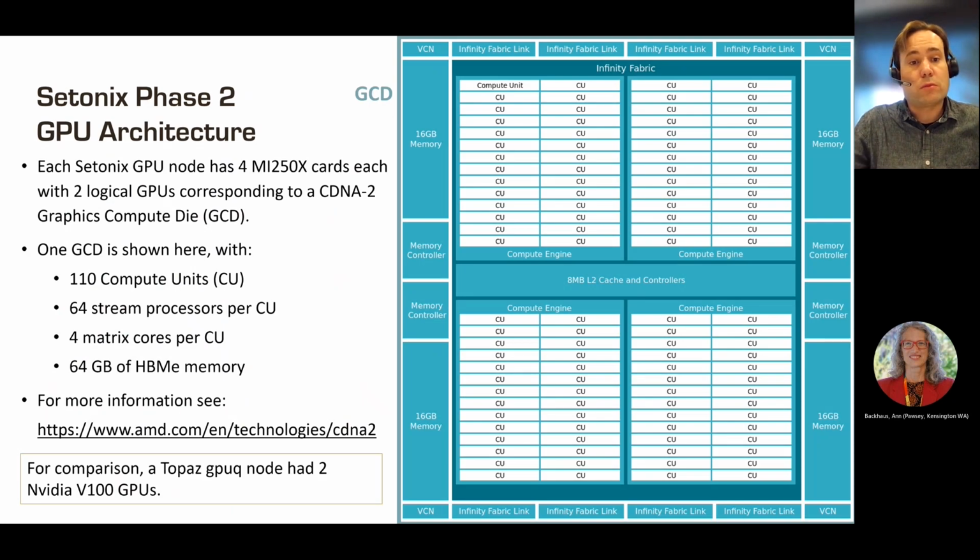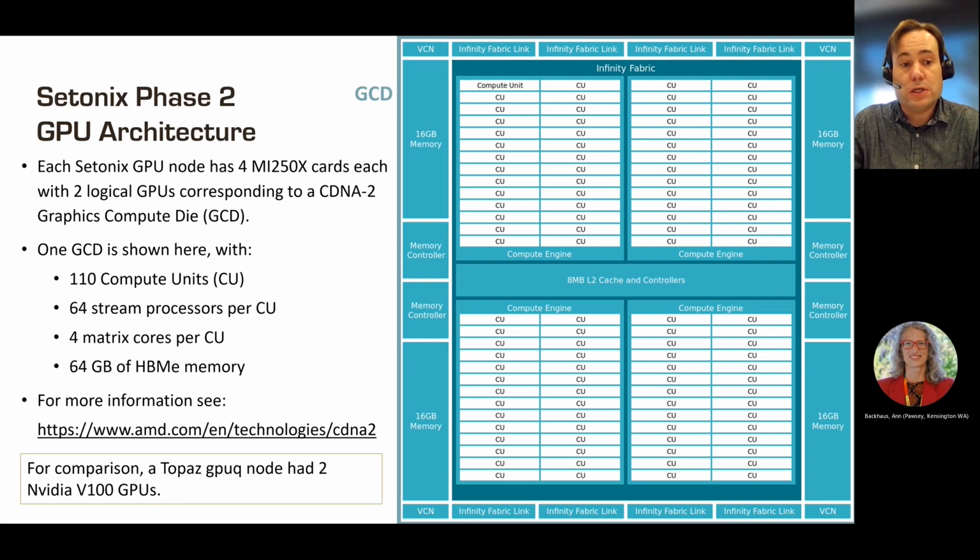So we then can start zooming in on the Phase 2 GPU architecture. Each Setonix GPU node has 4 MI250 cards with these logical GPUs, or graphics compute dies, that I've been mentioning, and the diagram on the right there is one GCD.